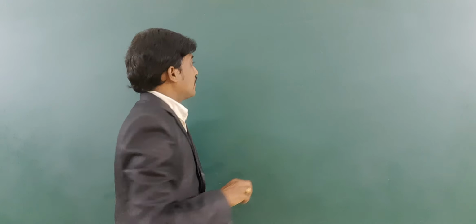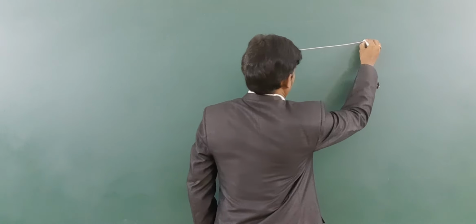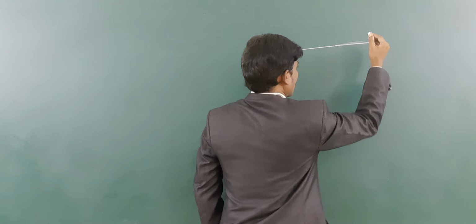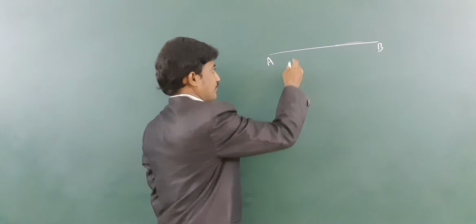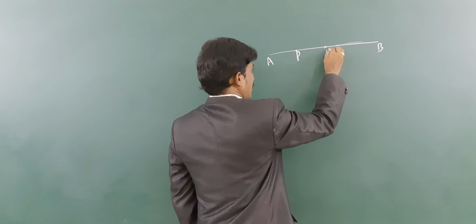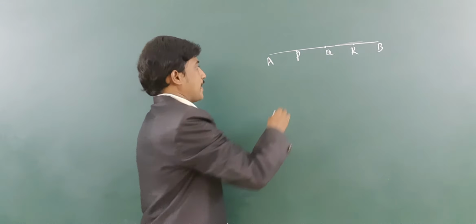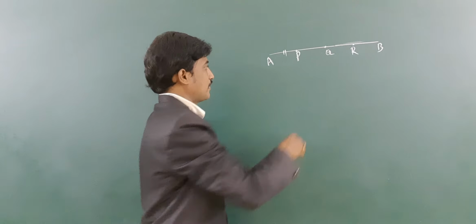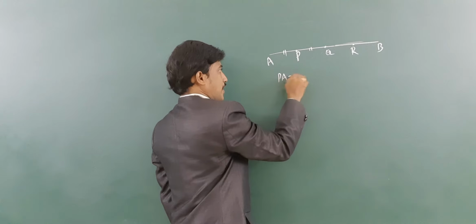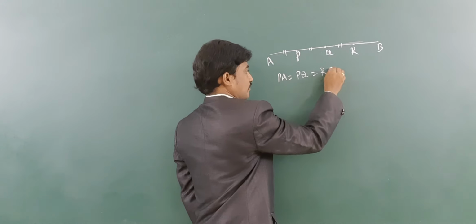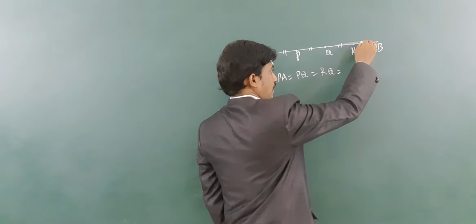Now let us divide a line segment into 4 equal parts. If there is a line segment AB, and there are 3 points P, Q, R on AB, so that AP is equal to PQ, and PQ is equal to QR, and QR is equal to RB.